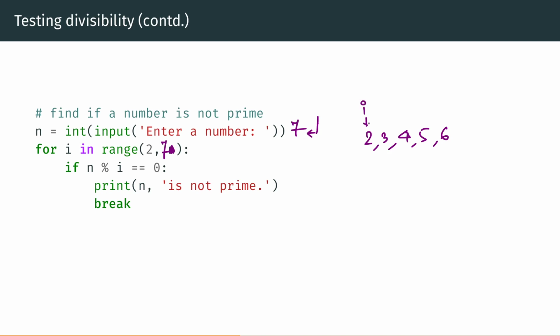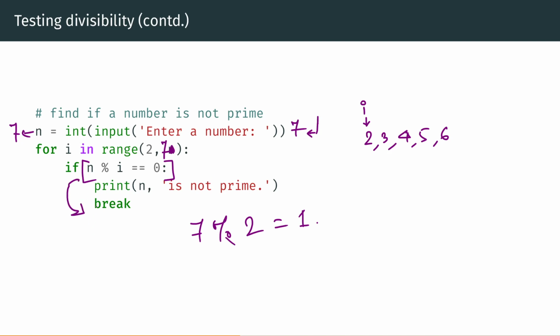I check if n modulo I is equal to 0, which means I want to check if n, which is 7, is divisible by I or not. And what is I? I is 2. So 7 is not in fact divisible by 2. 7 when divided by 2 leaves a remainder of 1. So this will evaluate to false, and nothing will happen. This block of statements will not be executed.